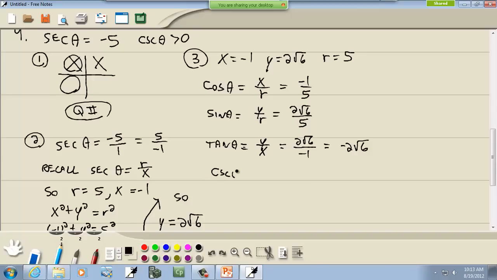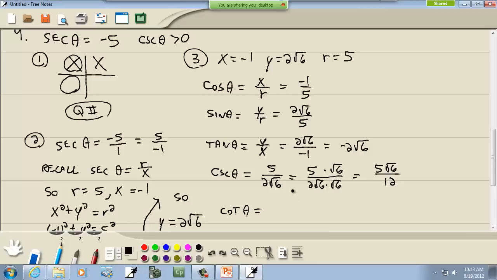Cosecant. Cosecant is sine flipped, so we got sine is this, so cosecant will be 5 over 2 square root of 6. Now I can't have a square root of 6 downstairs, so I'll multiply top and bottom by the square root of 6. And that gives us 5 square root of 6 over, square root of 6 times square root of 6 is 6, times 2 is 12.